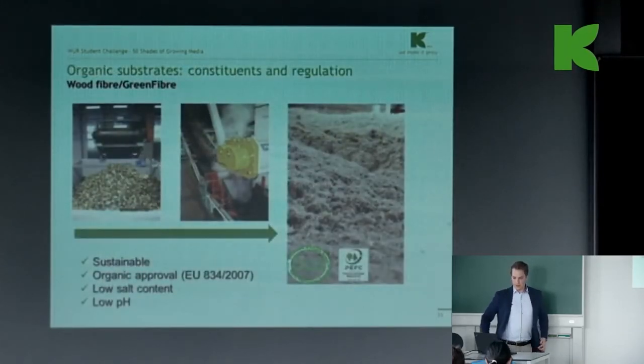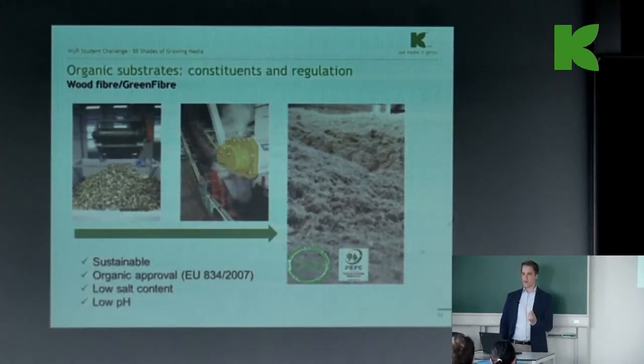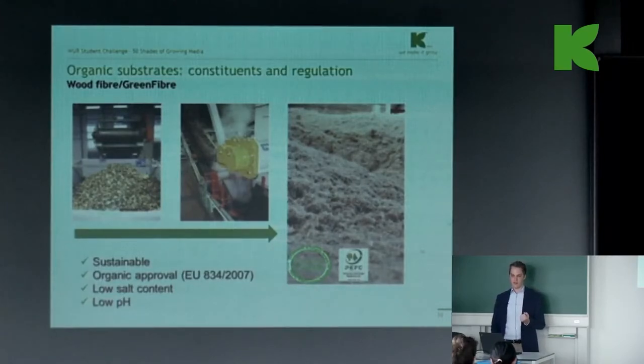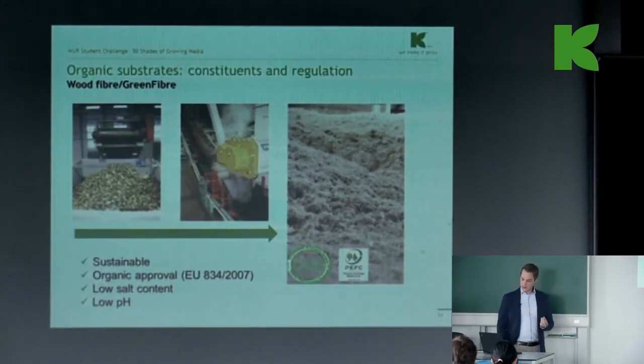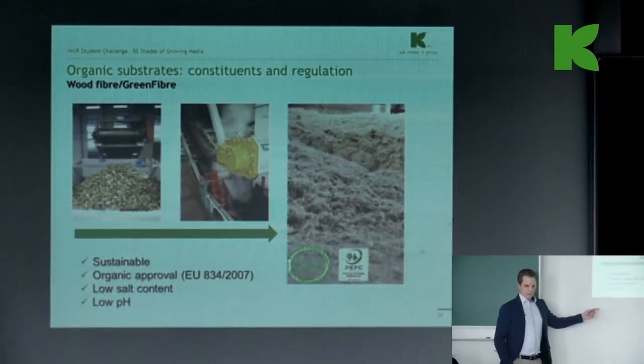Coming back to the green fiber, we produce them ourselves on different production sites in Europe. It's a rather simple process. We just use wood chips, we mill them, and in the end, we receive a very nice, fluffy fiber out of it. It fulfills also already some properties of peat, for example, very low salt content, very low pH.